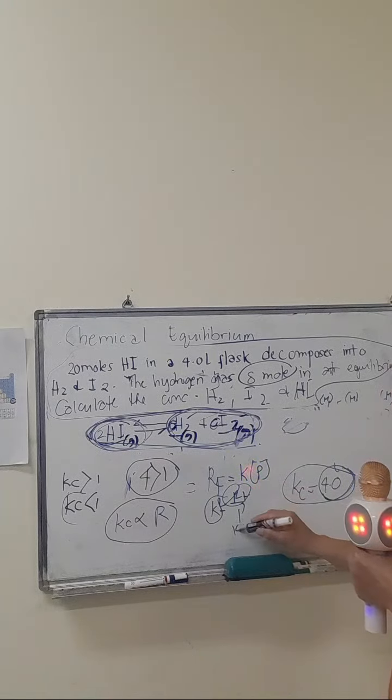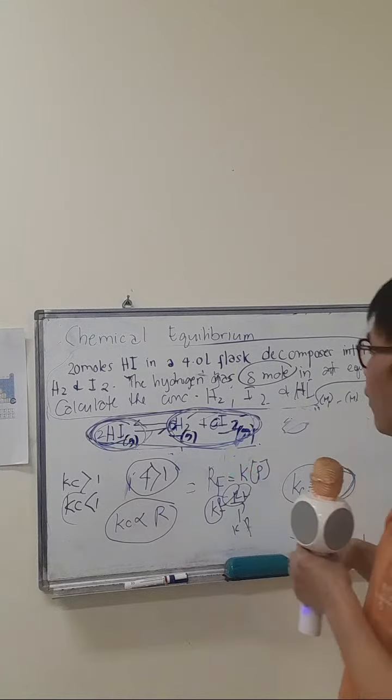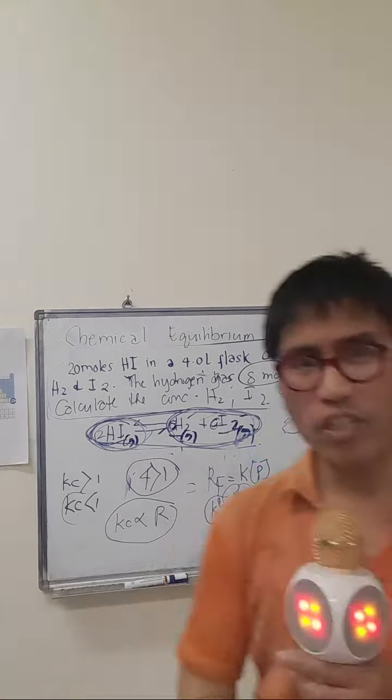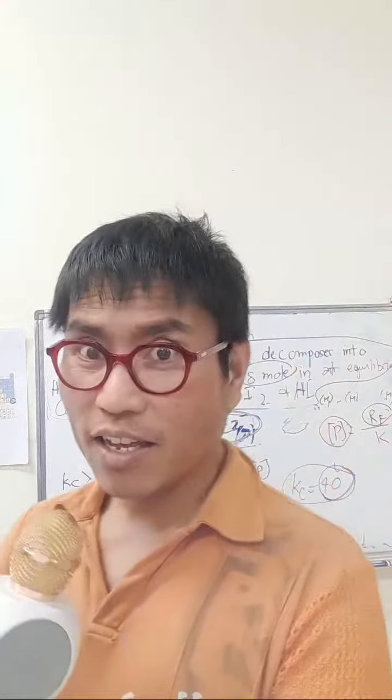Or we can say the concentration of the product is equal to the equilibrium constant and the rate of the forward reaction. So the rate of the forward reaction is directly proportional to the concentration of the product. You got the point.